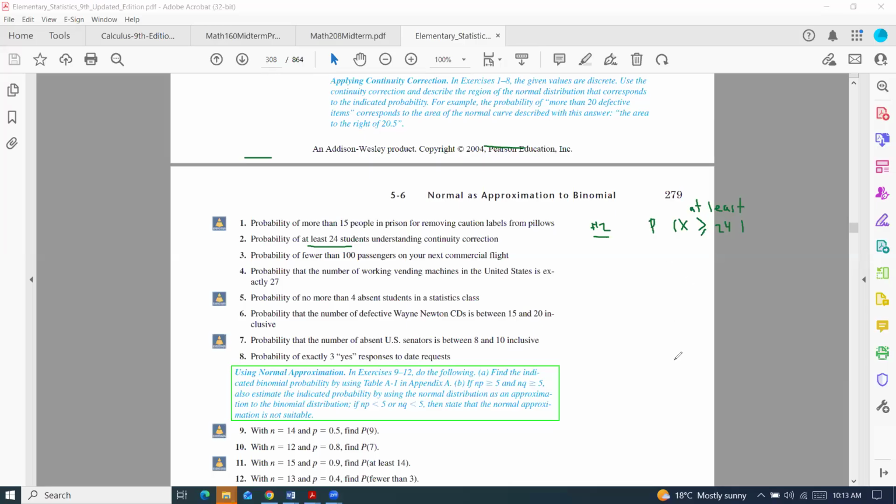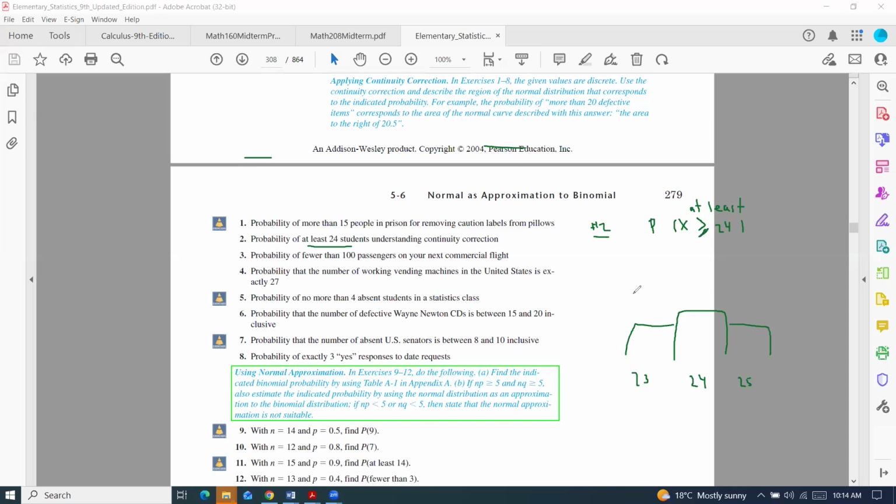So analogously I need to think about the rectangle that has 24 and two others that surround it, 25 and 23. Now I have to decide what is included and what is not.